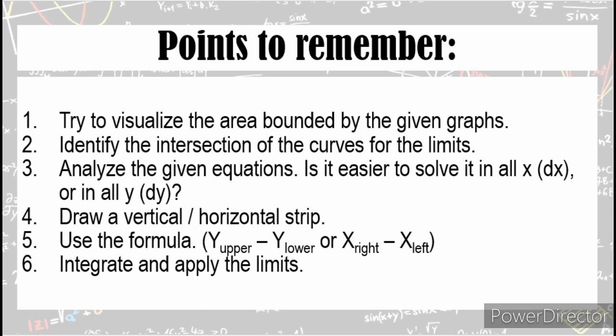And then, all equations must be in terms of x. But, we have also tried to solve it using the horizontal strip since madali lang din naman i-convert yung y is equal to x squared tsaka y is equal to square root of x in terms of y. So, yung equation natin naging x is equal to square root of y tsaka x is equal to y squared.